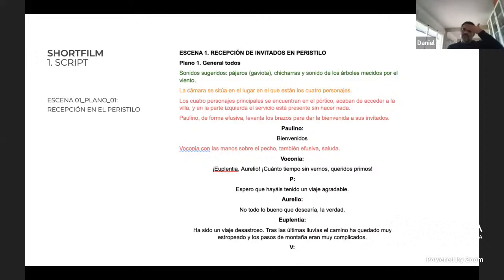As I said, when you are going to model something in 3D, it is useful if someone has previously provided you with a script like the one you see here. This is the first thing, with the dialogues described in detail.